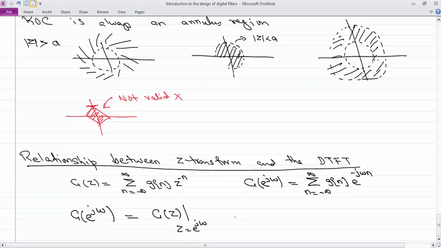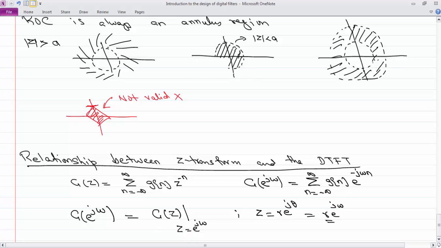If you replace z with e to the j omega in the Z transform, you get back the Fourier transform. Now remember, z is a complex number, so I wrote it earlier, z can be written in polar form as r e to the j omega, where omega is a number between minus pi and pi. It tells you which direction you are, and r is the radius.